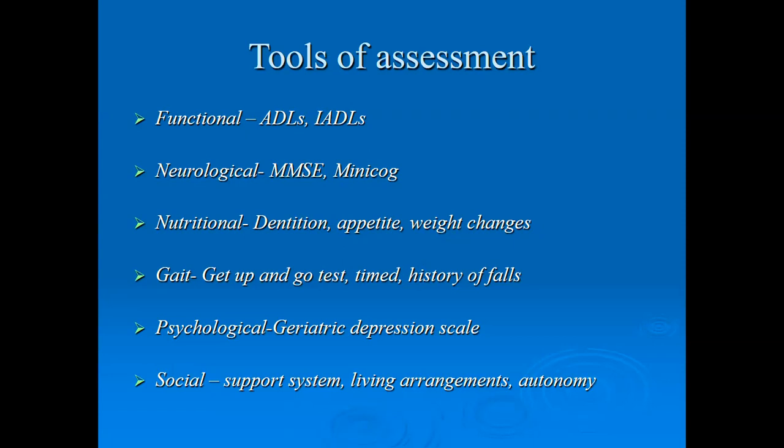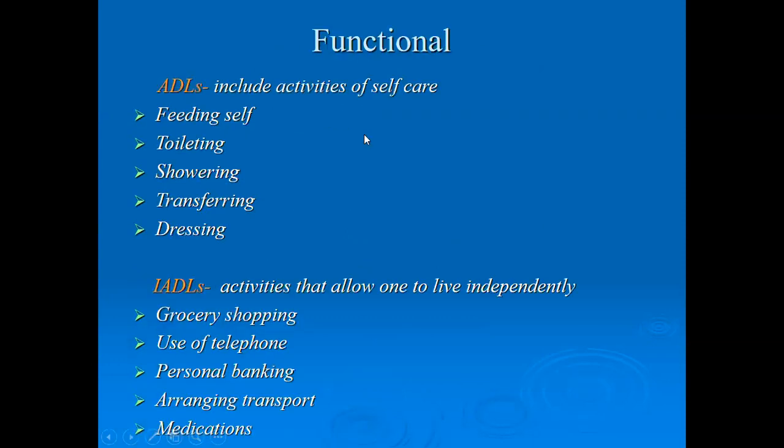We have a different perspective of assessing a geriatric population. These are the tools that are there. ADLs include, as we discussed, feeding, toileting, showering, transferring, dressing, and IADLs are grocery shopping, use of telephones, and any outdoor activities.